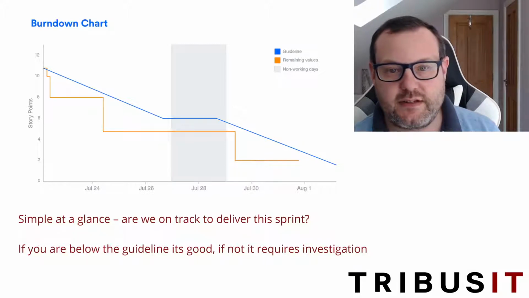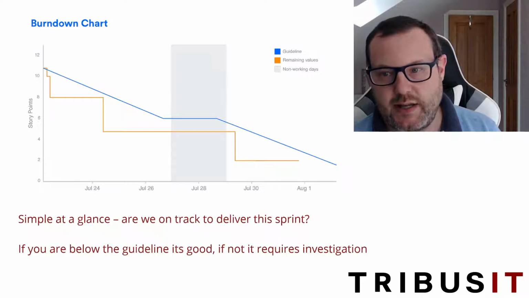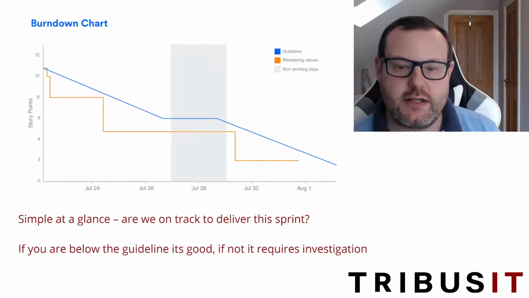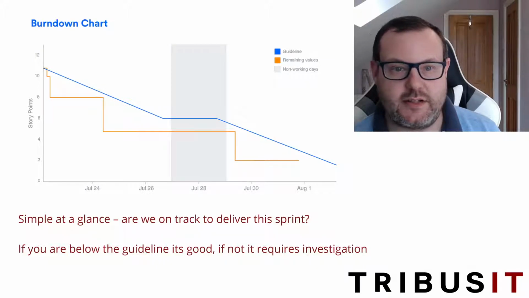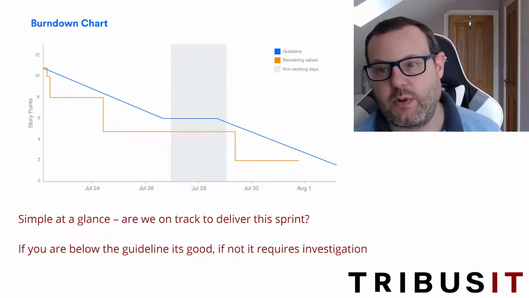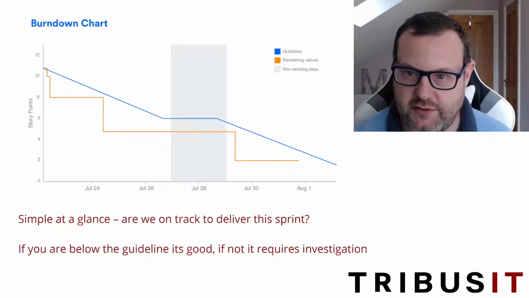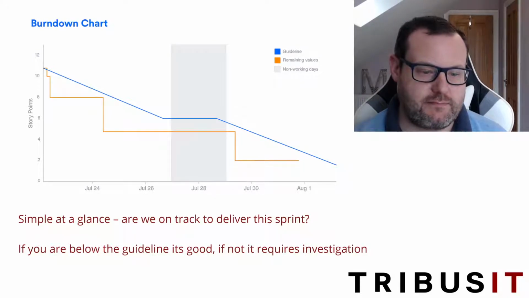So we can see in this example we've pretty much been on track the whole time, below the guideline, so it's all looking good. If you were above the guideline, you're halfway through your sprint, you still haven't completed enough tickets, that'd be when you want to step in as a project manager to try and understand what's happening.